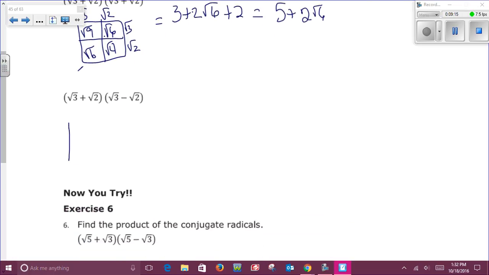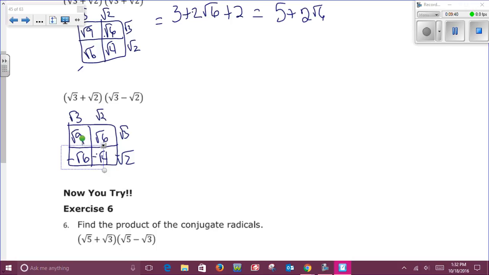Now, I'm going to do the same thing here, except there's one difference in the problem. This is a negative radical 2 on the bottom. So radical 3 times radical 3 is radical 9. Radical 2 times 3 is radical 6. Negative radical 2 times 3 is negative radical 6. And negative radical 2 times radical 2 is negative radical 4.